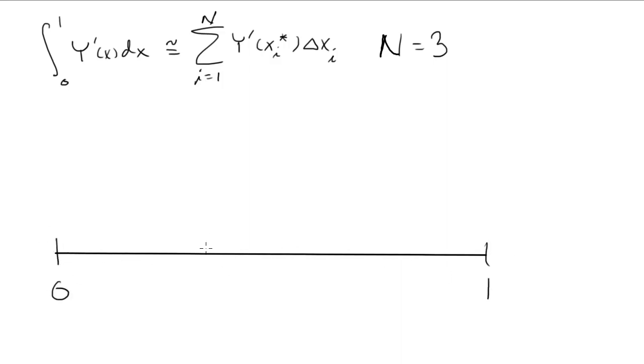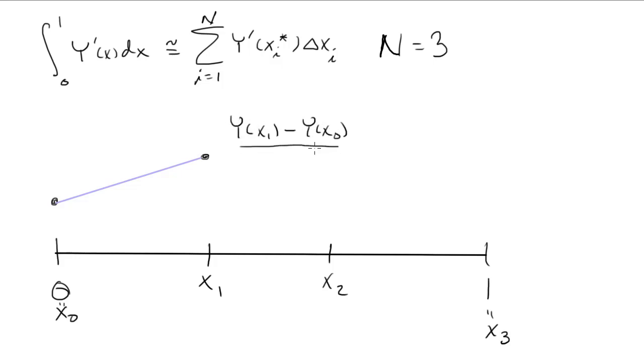Step 1, put up my partition. Step 2, choosing a point for each element, I'm going to do this way. I'm going to plug the ends of the element into capital Y. Look at the line segment that connects those 2 points.